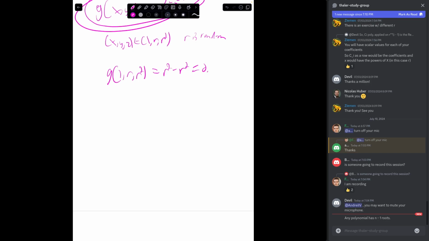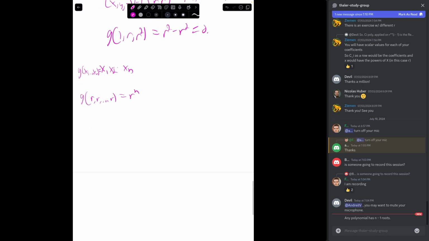But more than that, if you have an n-variate monomial which multiplies out n variables, say this is g of x1 to xn, and I do wind up, as you're noting, feeding in the same value to each of those n variables, I just get out r to the n.